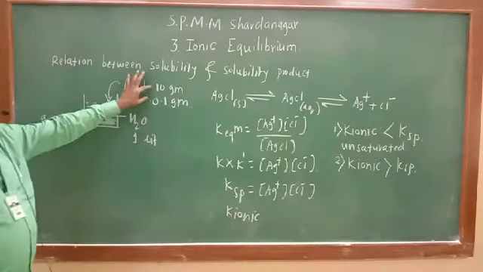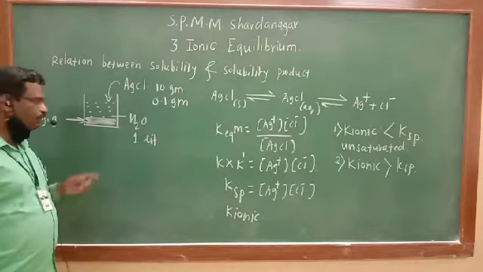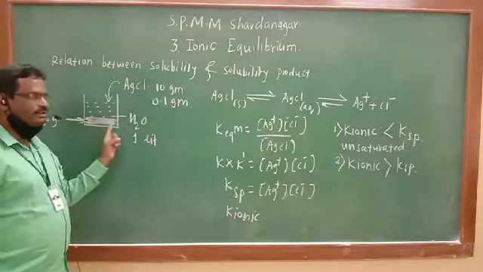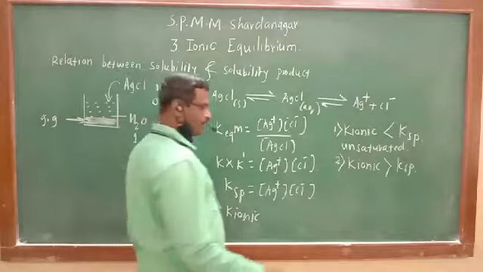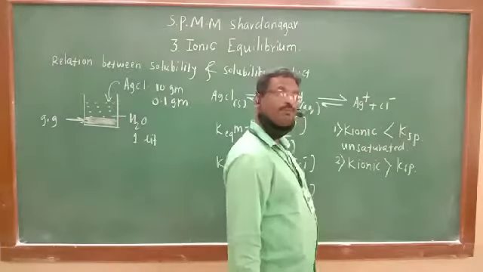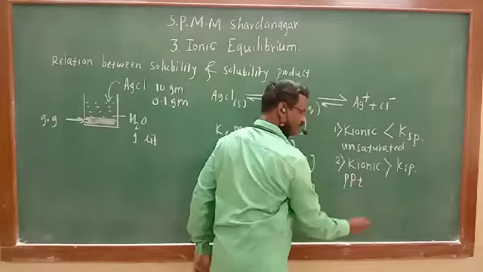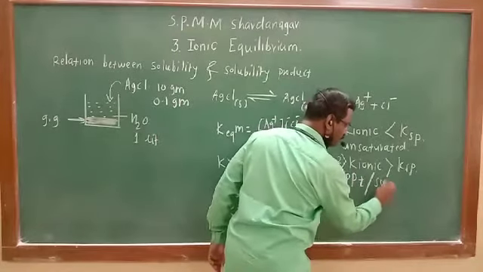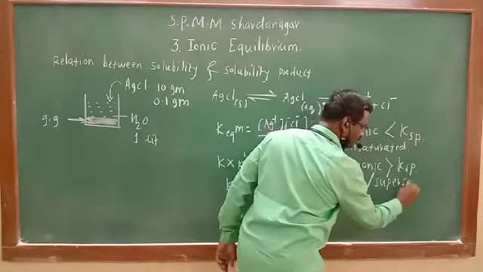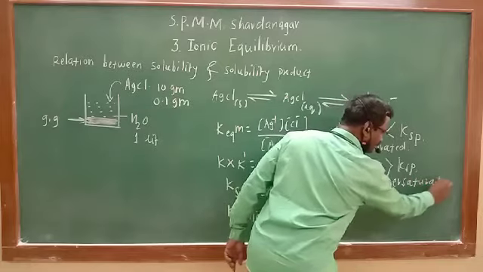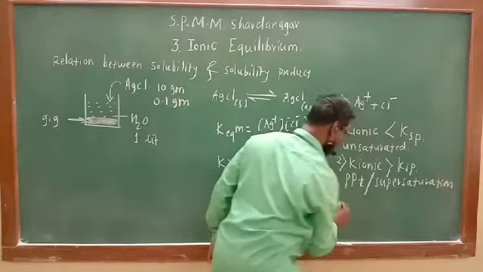At that time, the remaining solute will get settled at the bottom. This is known as supersaturation or precipitation. Precipitation is also known as a supersaturated solution. This is the stage of supersaturation.